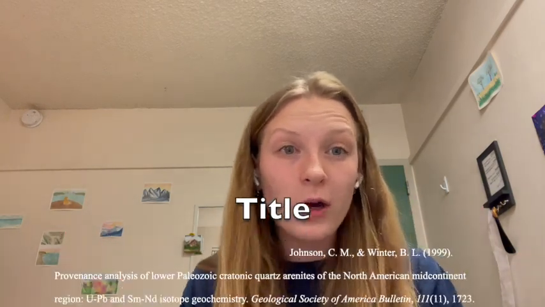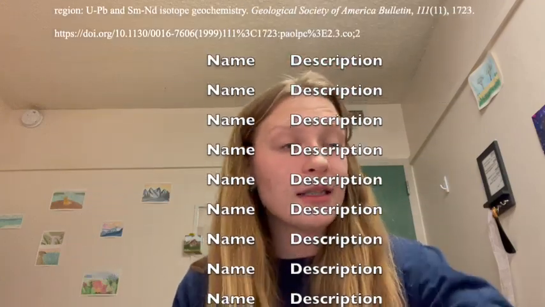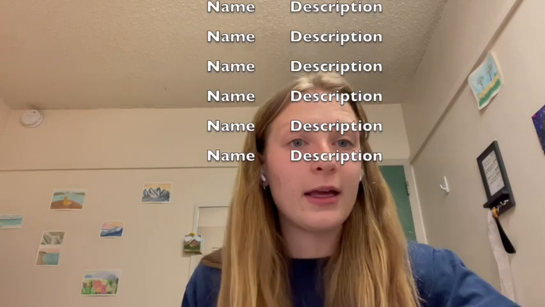Even when I was looking up if there was anything in my dorm room that was made of quartz or had quartz as a mineral inside of it, I was surprised to see that glass is made up of silica, which is quartz. And so a lot of this project was new to me.